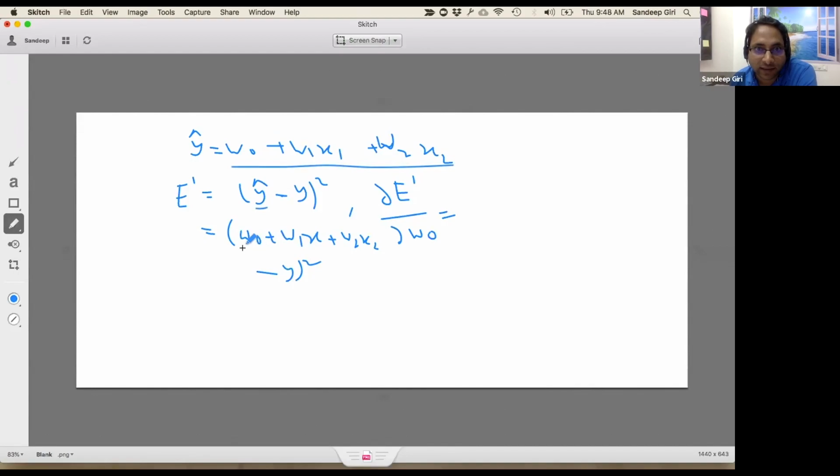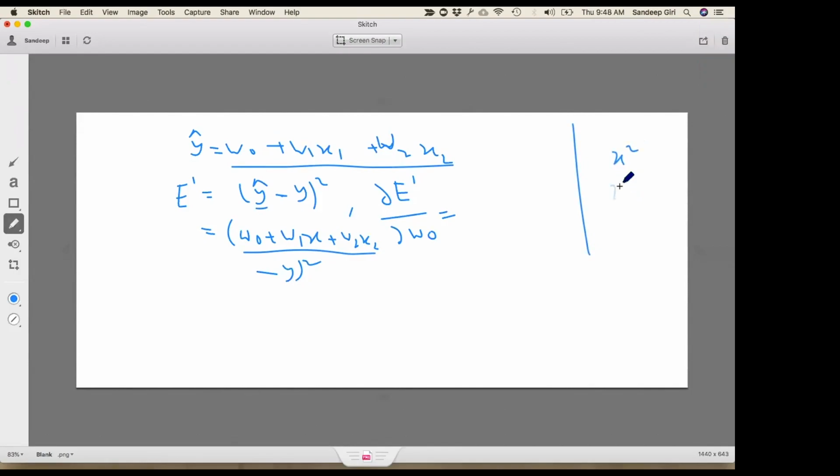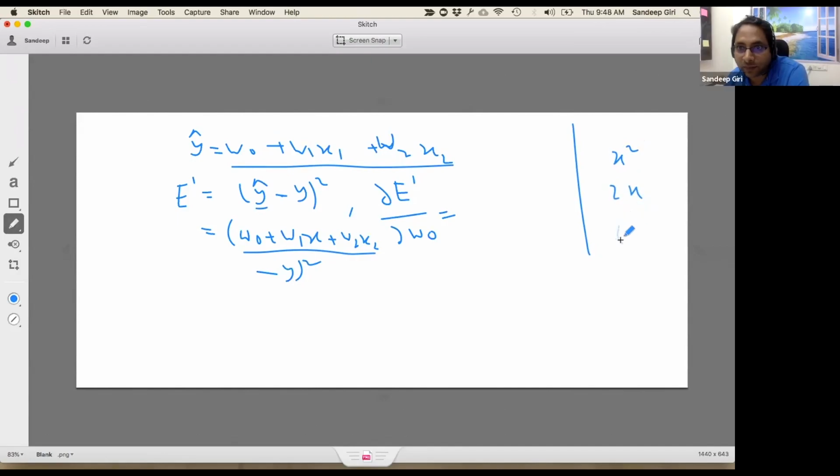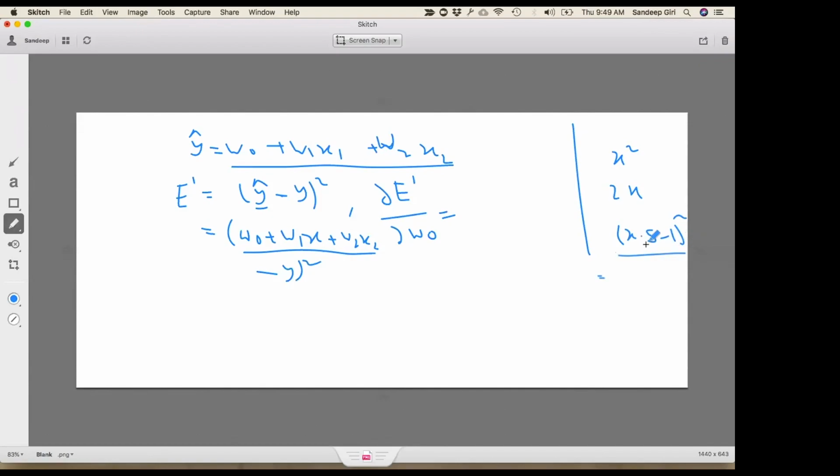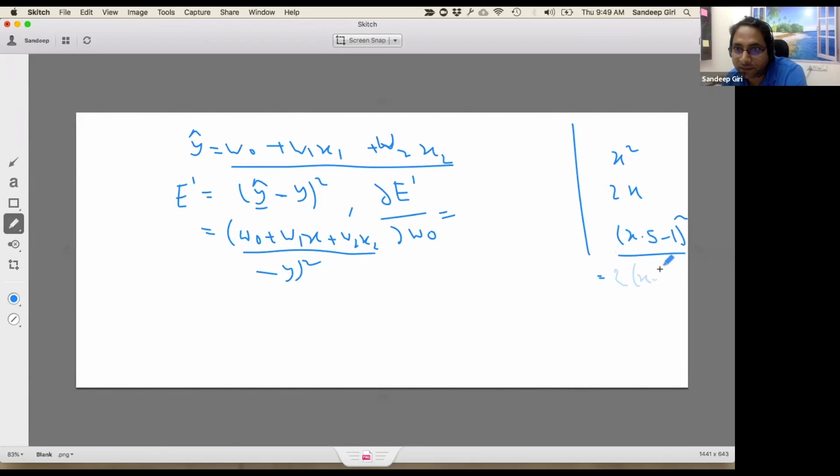Now, when we differentiate things, what is the differentiation of x squared? 2x, right? And if you differentiate, let's say, (5x minus 1) squared, that would be 2 of 5x minus 1, and then times the derivative of the inside.